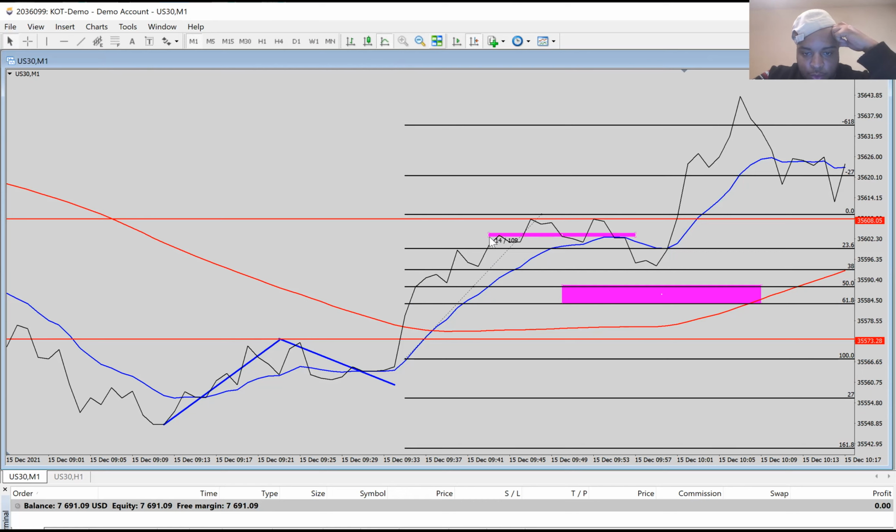Usually, don't get me wrong, when the market comes back and closes below this last higher high, we can pull out a fib and look for the sell at the 50.